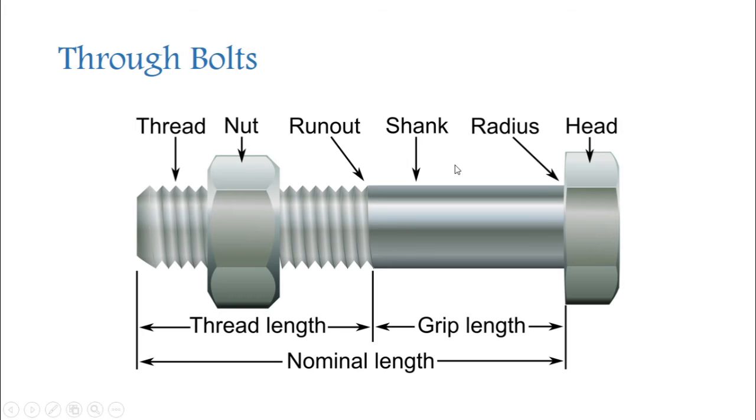The next one is, in some applications like rigid coupling, the shank is subjected to shear force, which is perpendicular to the axis of the bolt.